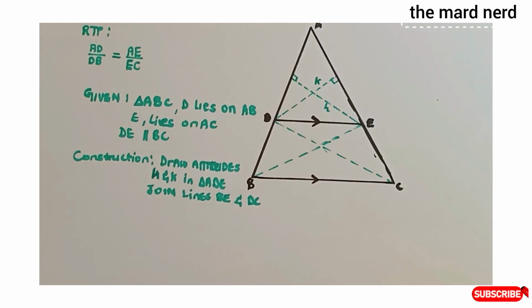So that is the construction that I have. We draw the altitude H and K in triangle ADE and join the lines BE and DC.